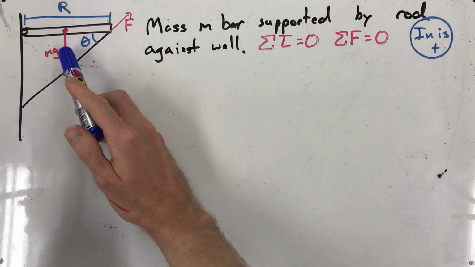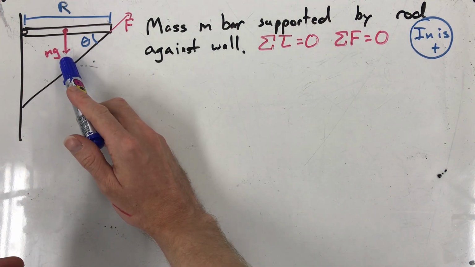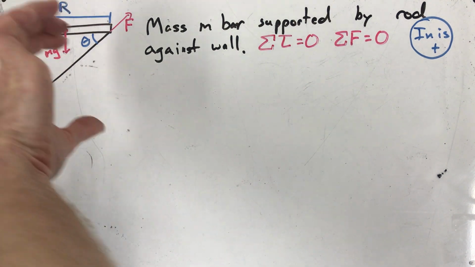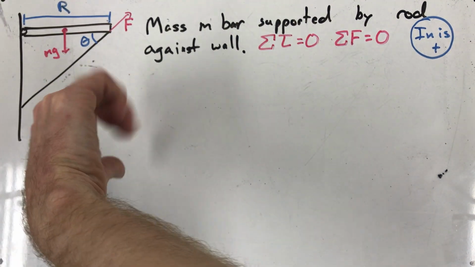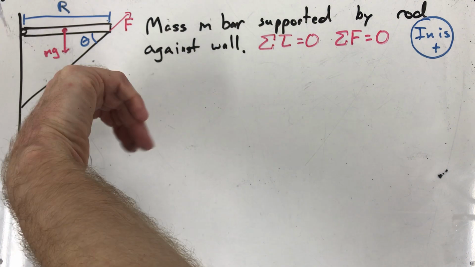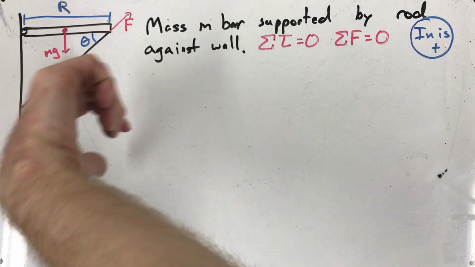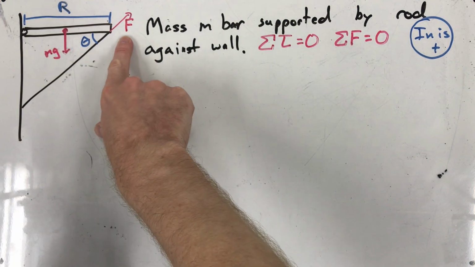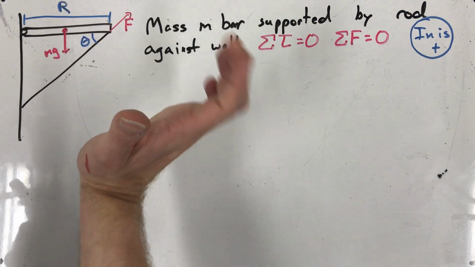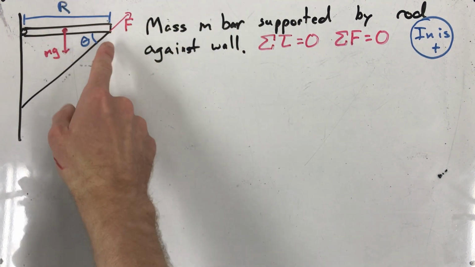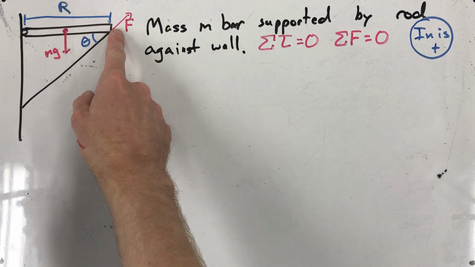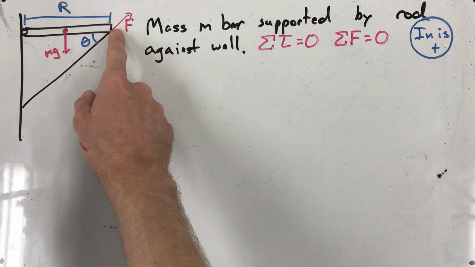So what that means here is that mg is exerting a positive torque, right? Use your right hand rule, because it's wanting to make it rotate this way, and my thumb is going down. This force, on the other hand, is pushing up, trying to make it rotate that way. So this force is actually exerting a negative torque.